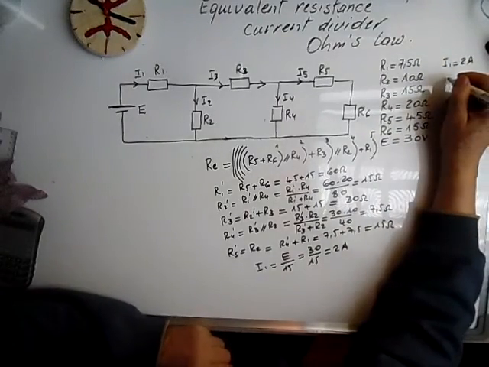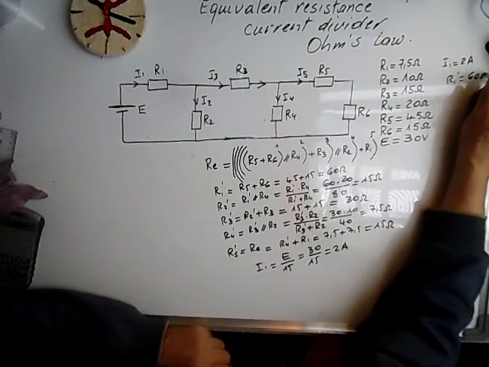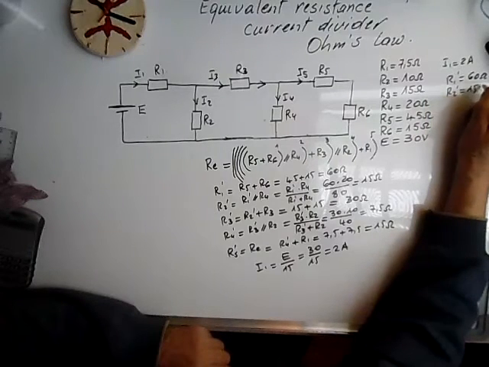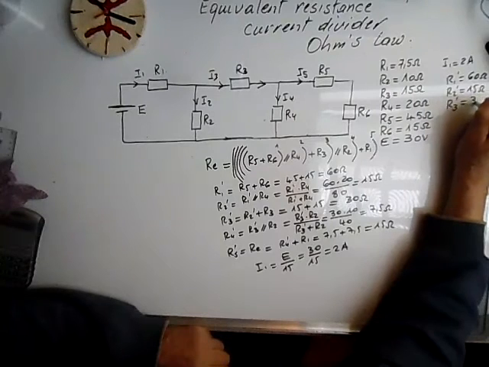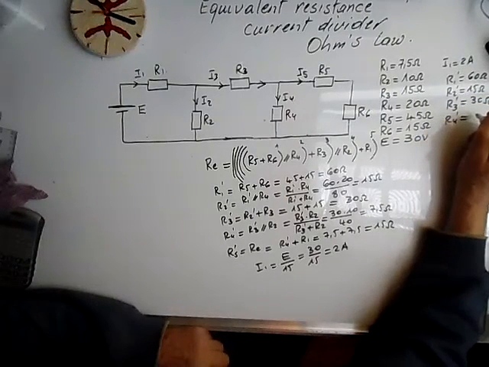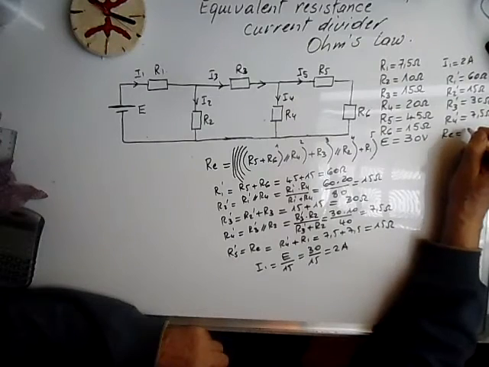Let's write down the primes as well because we might need them. R2 prime is 15 ohms, R3 prime 30 ohms, R4 prime is 7.5 ohms, and the equivalent resistance is 15 ohms.